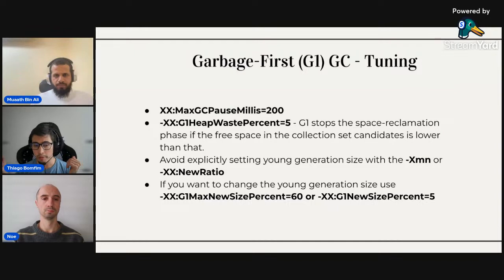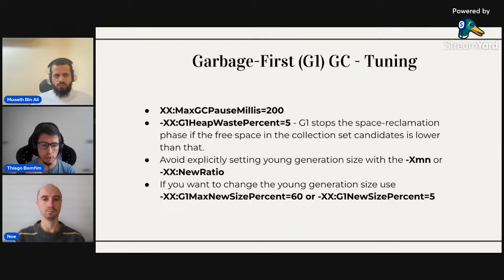Another very important thing here, okay, because if you're using, for example, Java 8, and you're using -Xmn to configure the young generation size, you should not do that if you're moving to G1, okay? You should not use -Xmn or NewRatio to configure the young generation for G1.